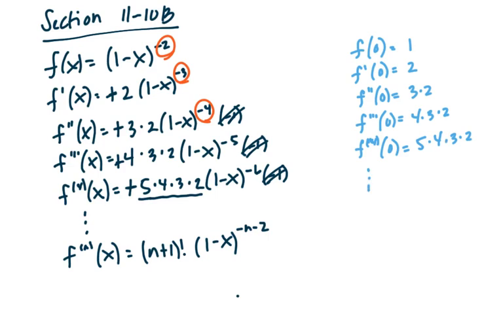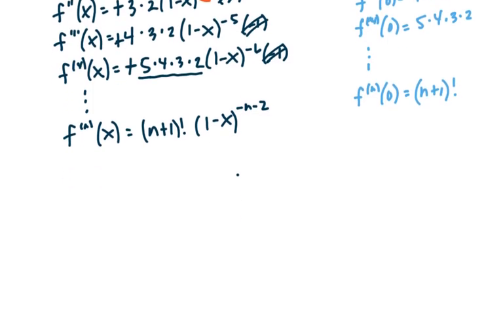Which then we can say the nth derivative at 0 is n plus 1 factorial. So then if you take these two things, notice if you put a 0 for x, then here we have 1 minus 0, which is 1, and 1 to any power is 1. So these two now are equivalent values.